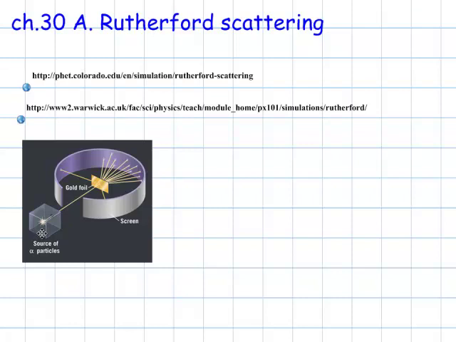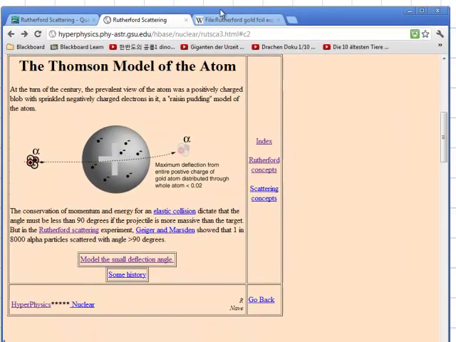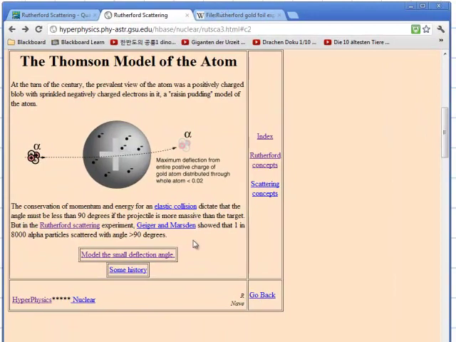So there's a source of alpha particles, high energetic helium nuclei that are hitting a gold foil, and then they spread out here, and you can figure out on the screen where they're hitting as they're being deflected inside the gold foil. Well, around the time that Rutherford made his experiment in the early 20th century, this one here is from Hyperphysics, this was the model of the atom: the electrons throughout here, kind of like a positive charge cloud around here.